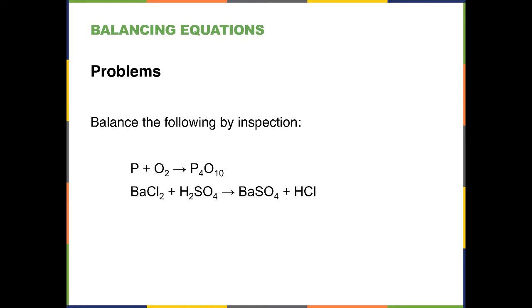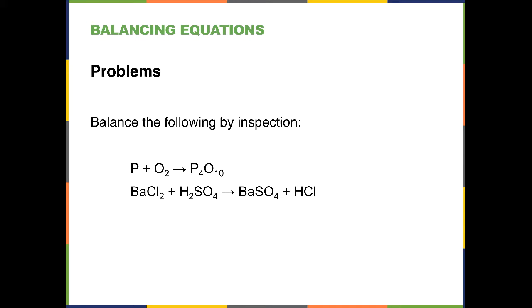If you balance this, you know that you have a 1, which you don't have to write, in front of the barium chloride, a 1 again, which you don't have to write, in front of the sulfuric acid, yet again another 1 in front of the barium sulfate, and a 2 in front of the hydrochloric acid. And this tells you that the stoichiometric ratio is 1 to 1 on the reactant side and 1 to 2 on the product side.